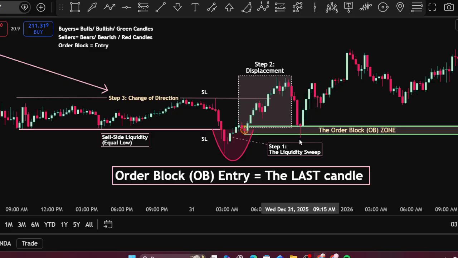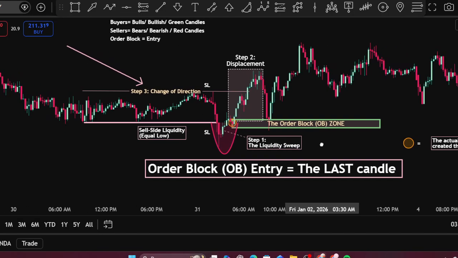As you can see also, sometimes the market will go even lower than your zone. That's why you also need to know where to place your stop loss. Here's an amazing stop loss that I place for myself: I look for where the liquidity is, and then I place my stop loss underneath. Just something quick and simple.